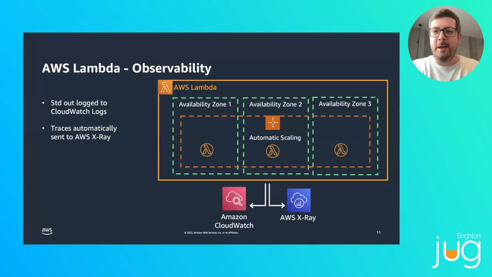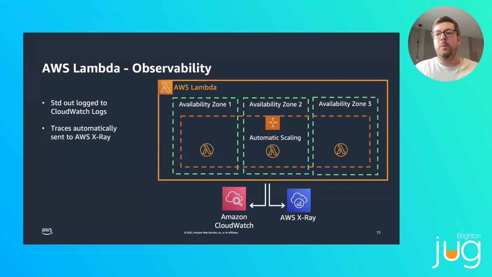With AWS Lambda, everything that you produce from your application that goes to standard out automatically gets taken to a service called CloudWatch. So CloudWatch Logs is a centralized logging solution, which is used by a number of AWS services. So metrics and logs that are produced by the Lambda service itself, you'll see in CloudWatch Logs.